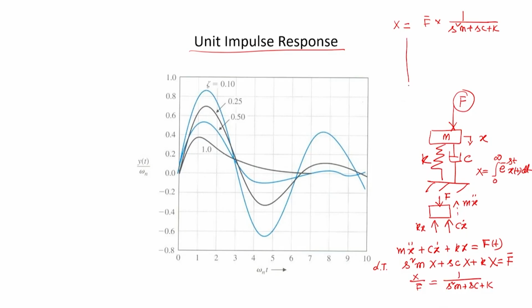That means something like this f(t): at t equals t 0, I simply give an impulse and then it becomes 0. So, the response of the second order system with respect to this impulse force is what we are plotting here.